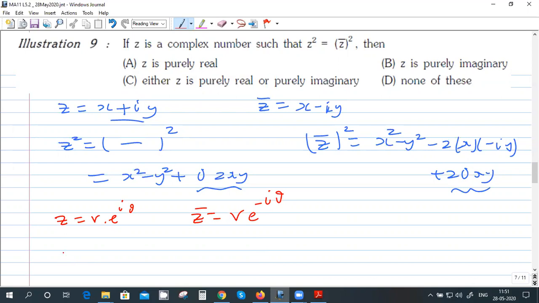Okay, so z square will be r square into e raised to the power 2i theta, and z bar square will be r square into e raised to the power minus 2i theta. Here it is coming different, so we're making some mistake here.